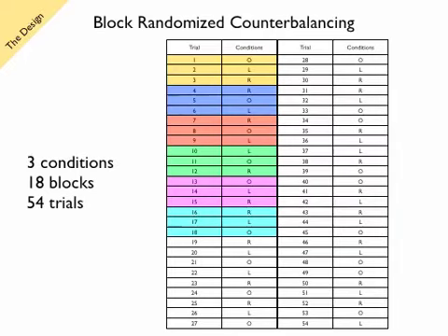And here's what the blocks look like. And I've color-coded the blocks, so each block of 3 trials has the same color. And if you'll see trial 1, 2, and 3, that's the first block, because there's 3 conditions. And the condition order was random within that block. And the randomized order came out original, so you saw the original first, then the left composite, and then the right composite.